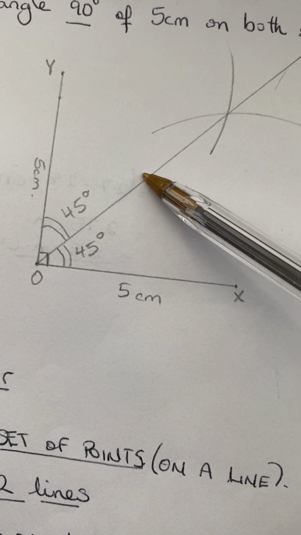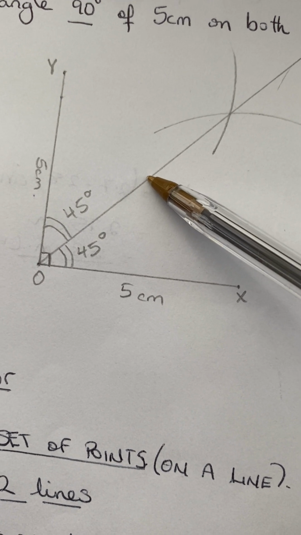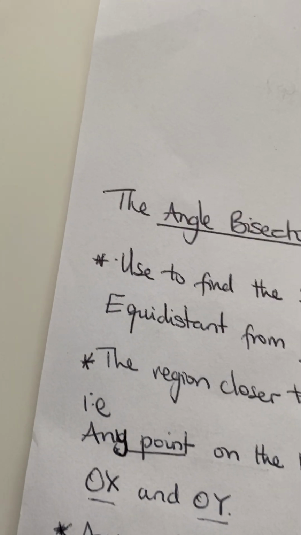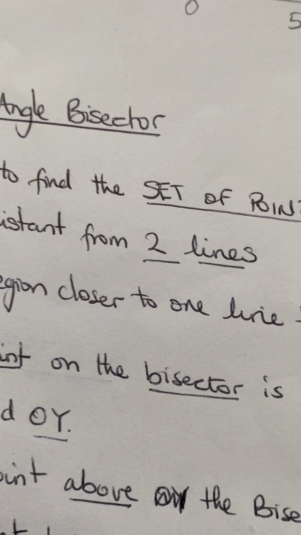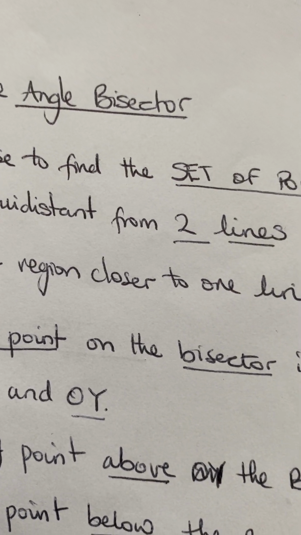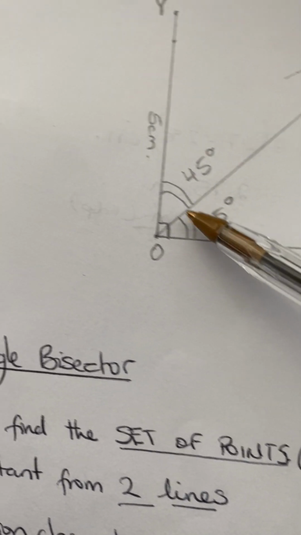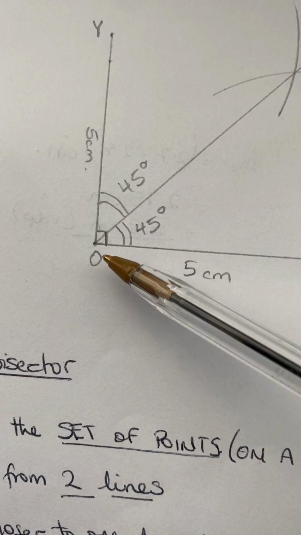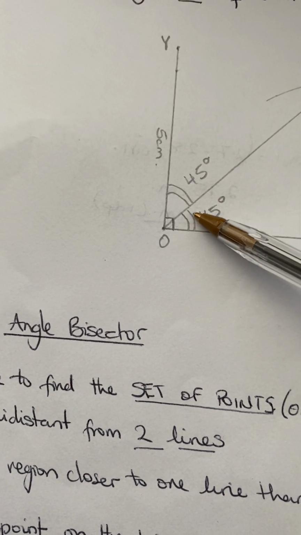Okay, so a point here will be our locus between X and Y. The region closer to one line than the other, that is any point on the bisector, is the middle of OX and OY. So any point on this line is the middle of the angle that we are bisecting.